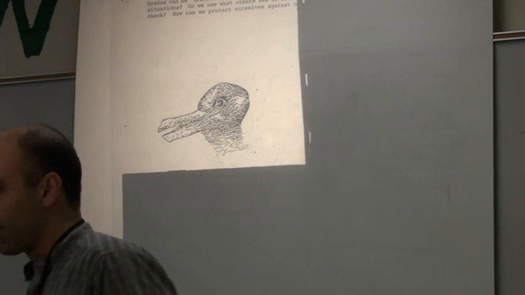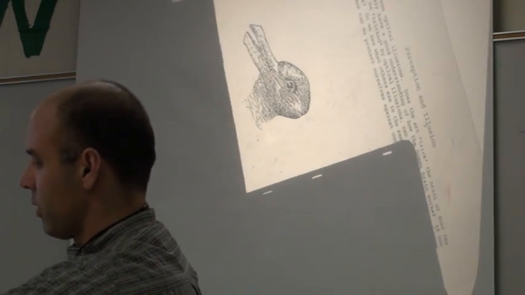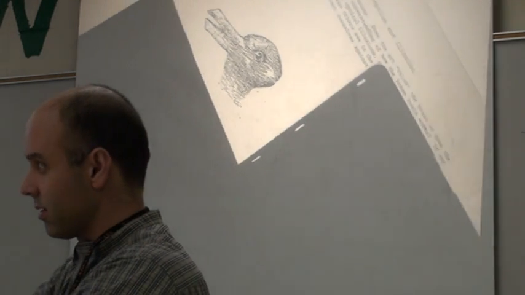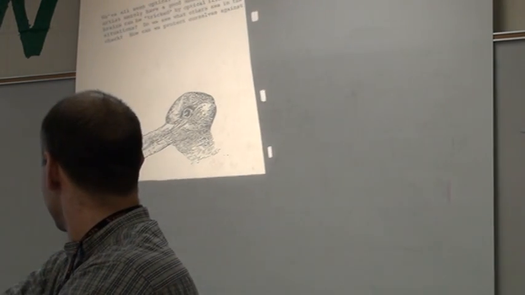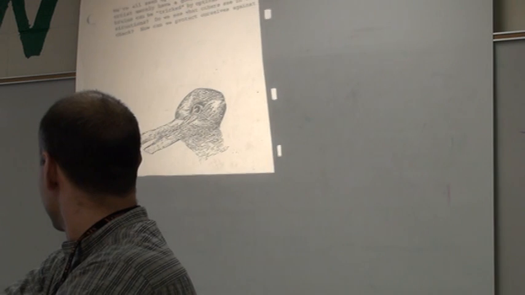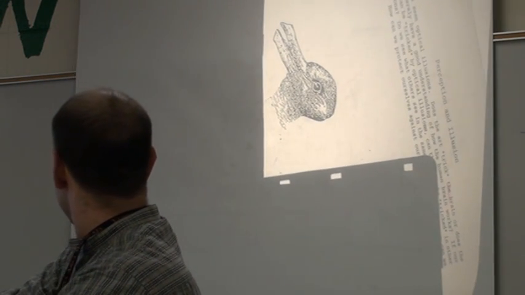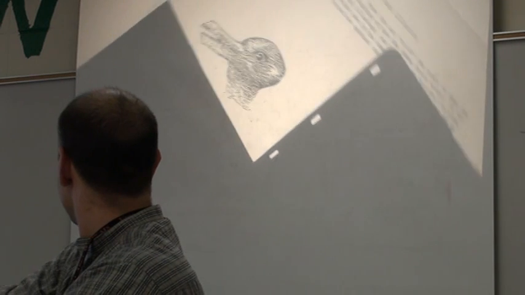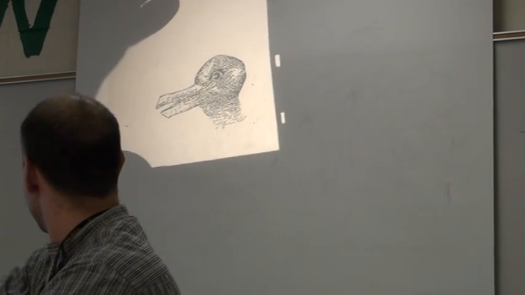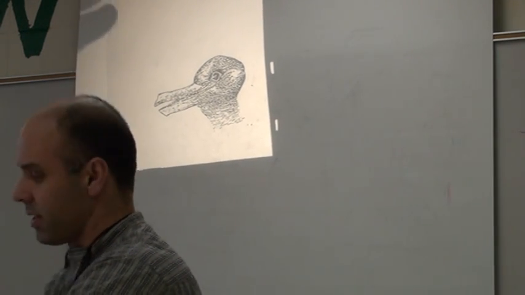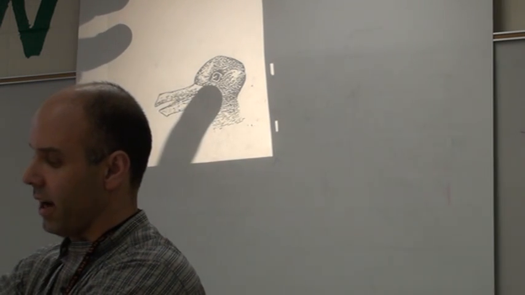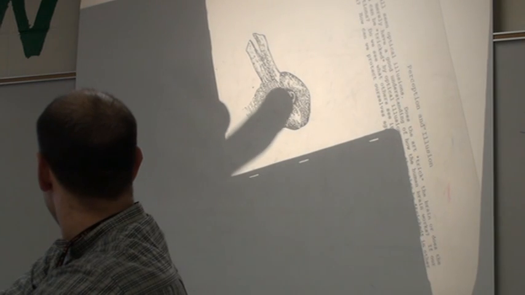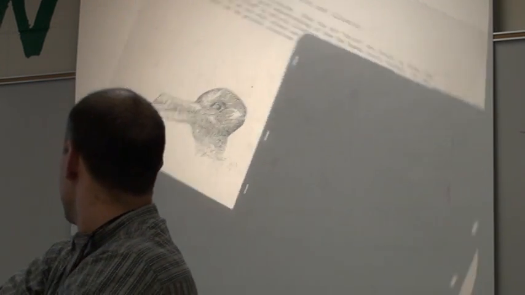Depends on where you're at. Wait, go back. I don't see it. The beak is the ears. No, honey. And there's the bill. There's the eye. That's a duck. If it's like this, there are the ears, there's the mouth. The ears are flopping. Oh, I see it. Gotcha.